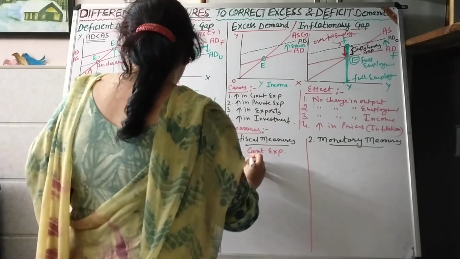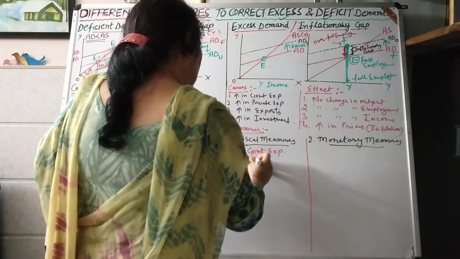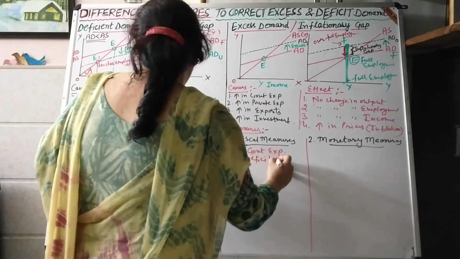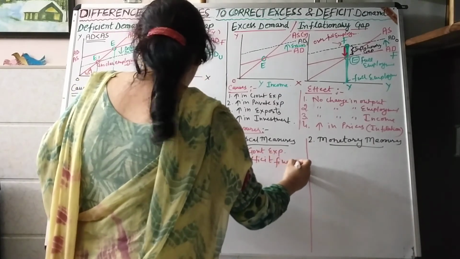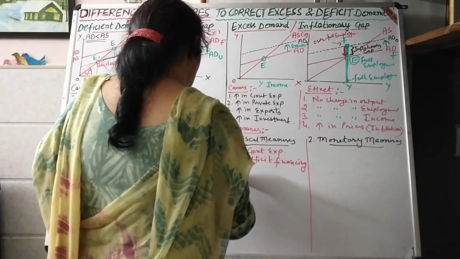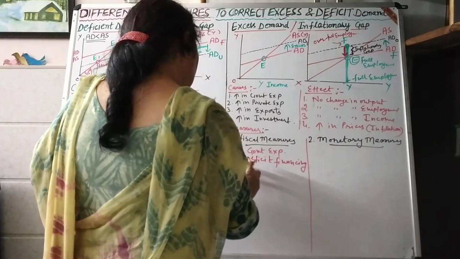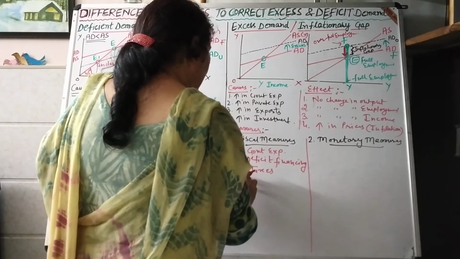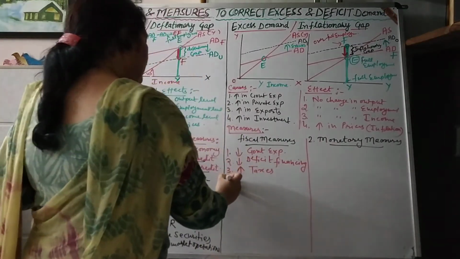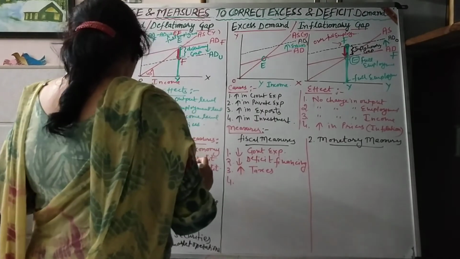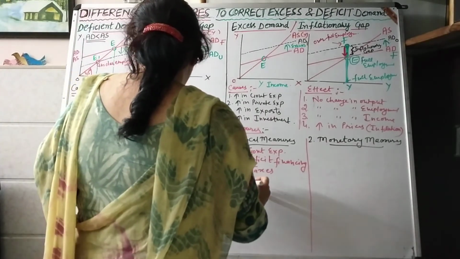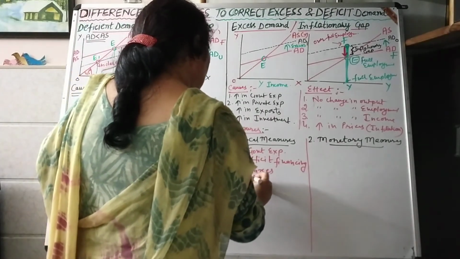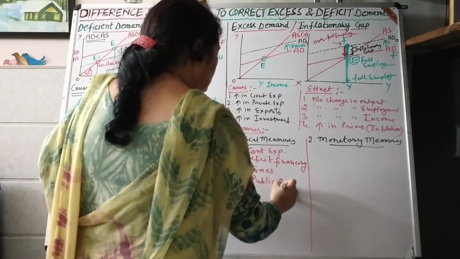Then government should also reduce deficit financing. It means borrowing requirements of the government. Number 3, government should increase the taxes so that there will be less money kept with the public for their spending, and there will be increase in public debt also.